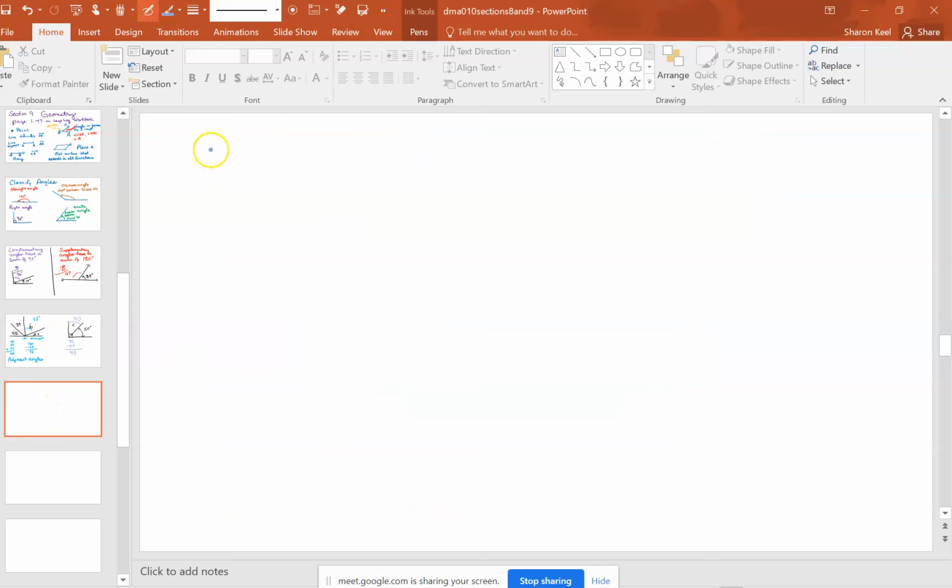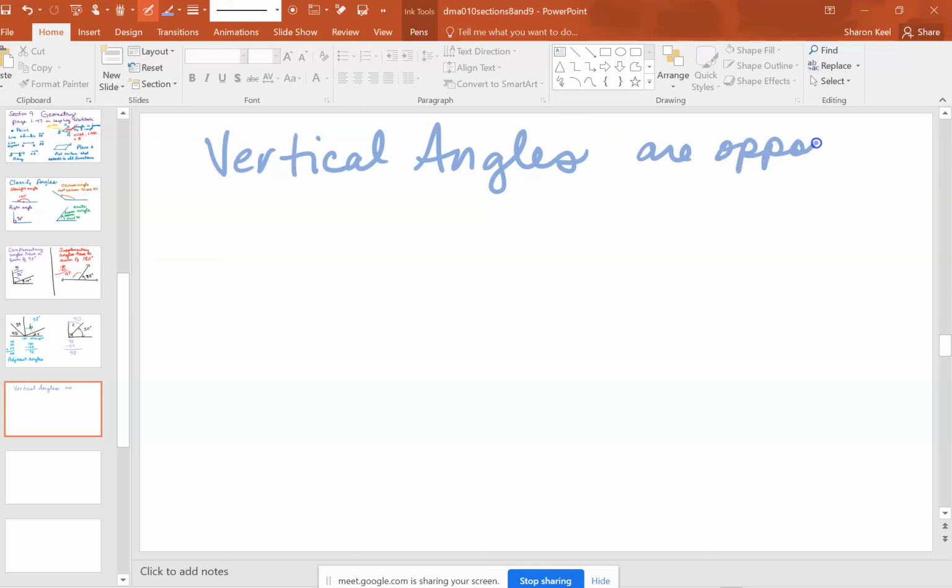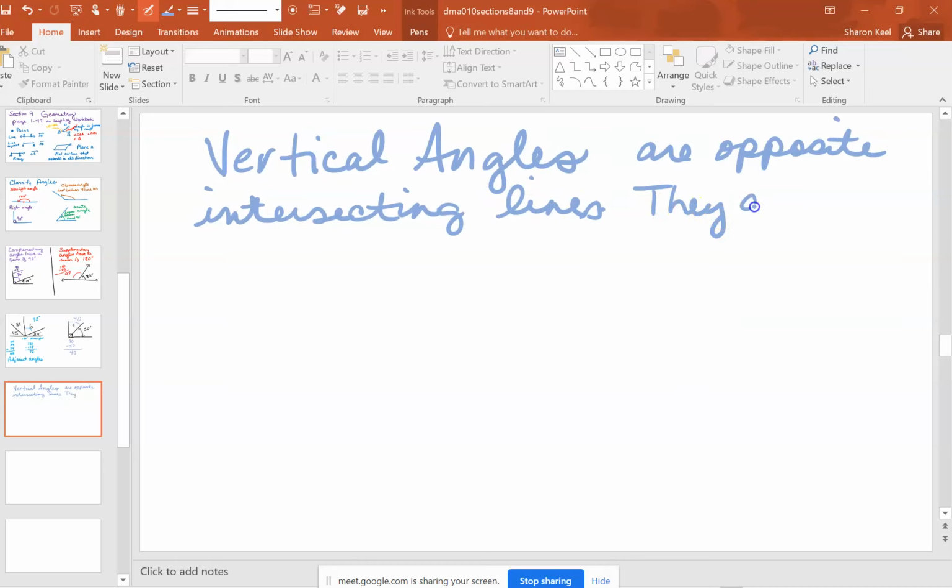Another term that we need to know will be the term vertical angles. Vertical angles are opposite intersecting lines, and also they are equal.